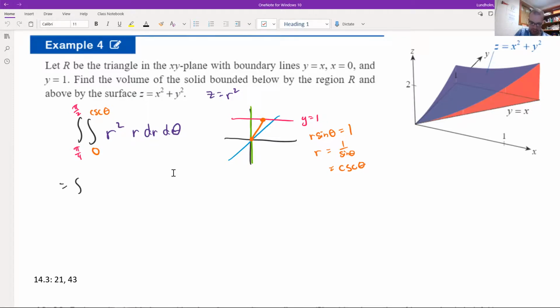Yeah, we just go to the next step. Take an antiderivative. We're taking the antiderivative of r cubed, which turns into 1/4 r to the 4th power. And we're plugging in the cosecant of theta and 0. Maybe I want to give myself a little bit more room here.